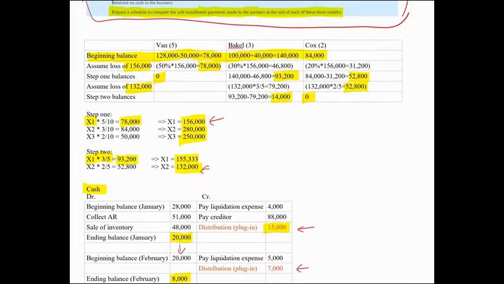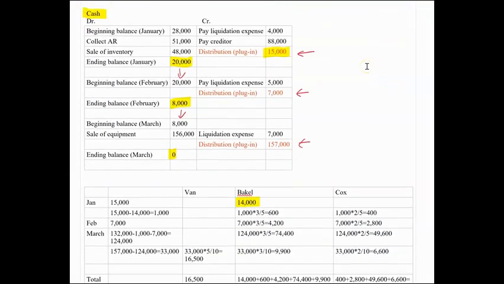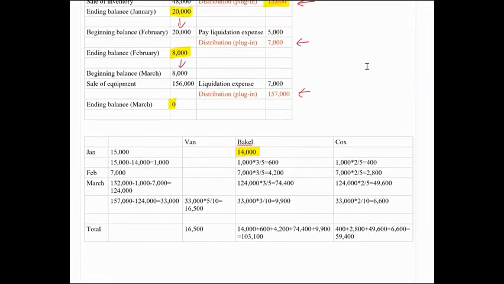Which means that Baco is going to get the first 14,000 that's available when it's available. So after Baco gets 14,000, in January there is 1,000 left, which equals a total of 15,000.